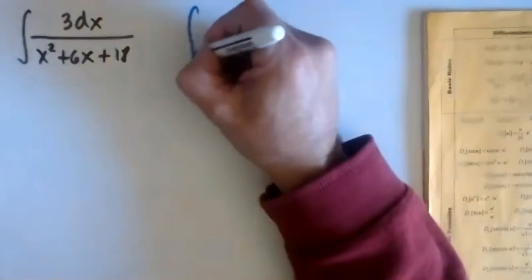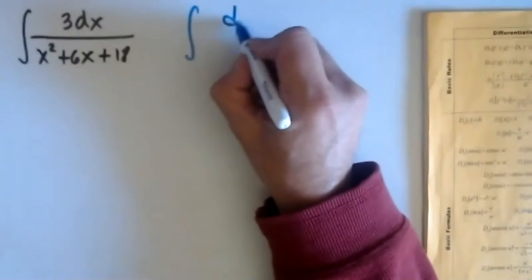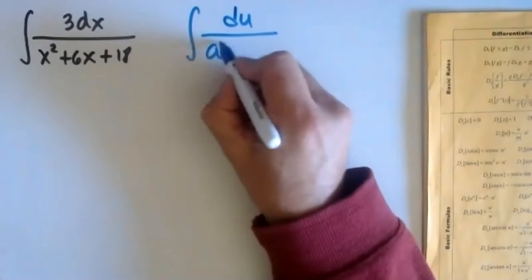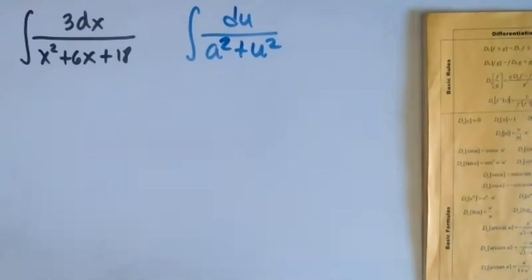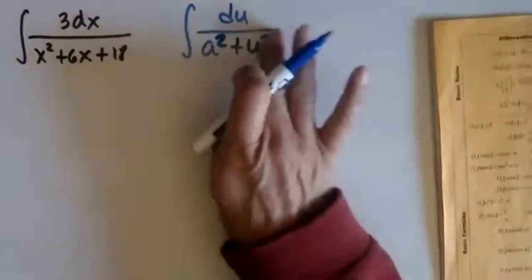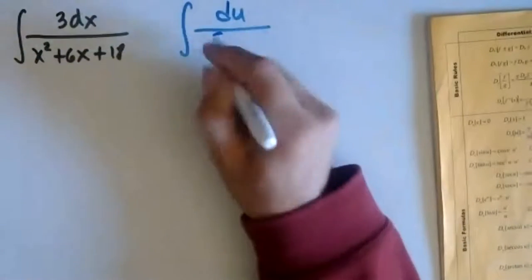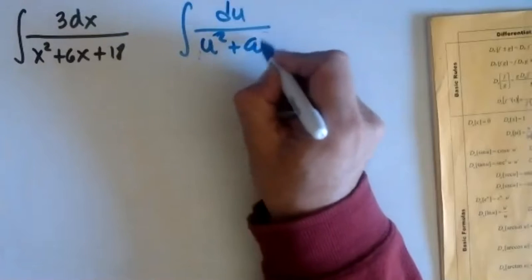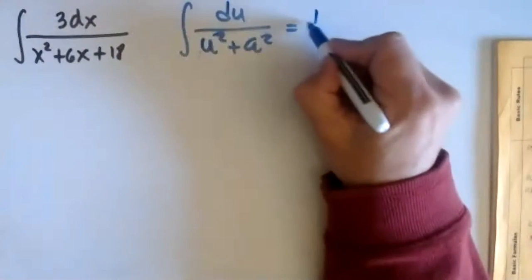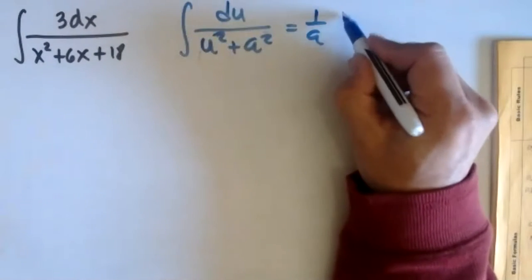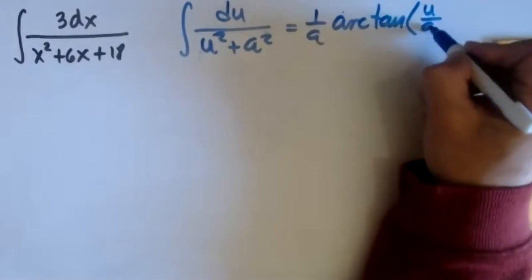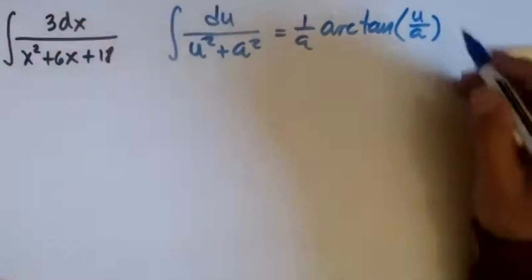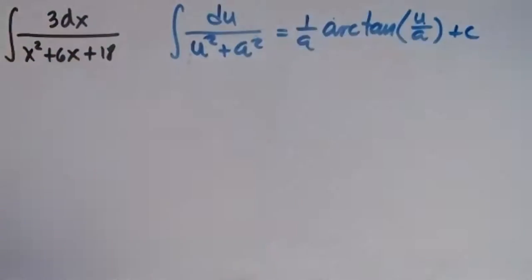So the integral of du over u squared plus a squared, let me put it like that, is 1 over a arctangent of u over a, plus the constant. Well, let's see.